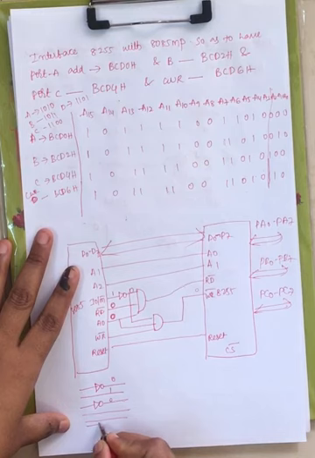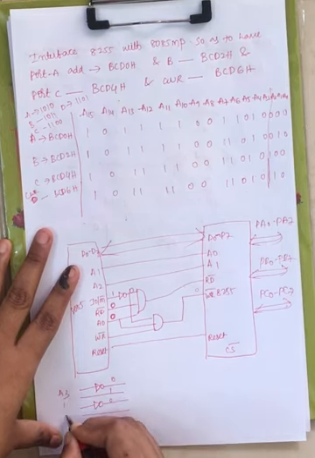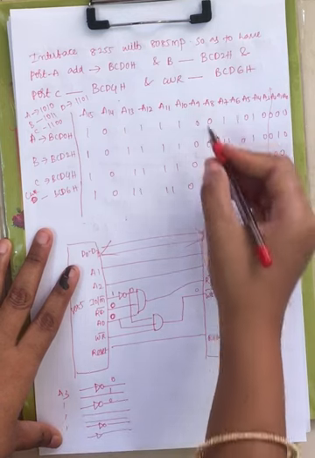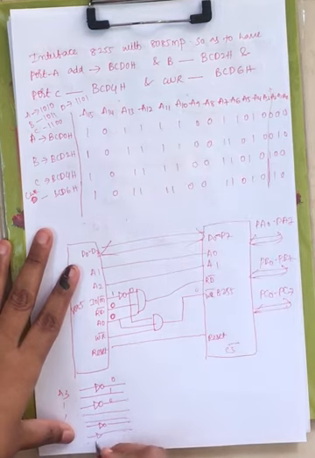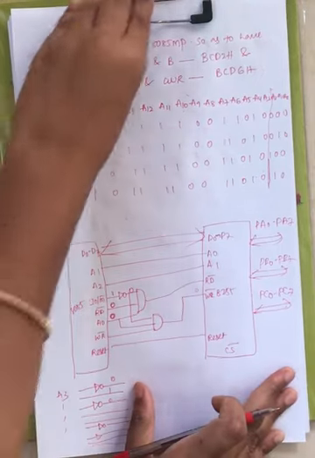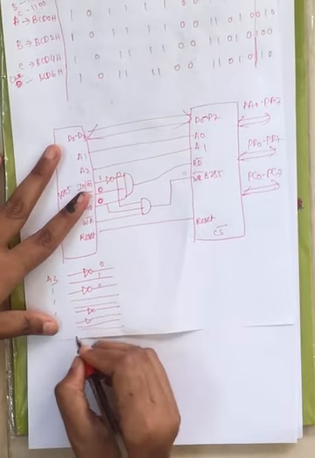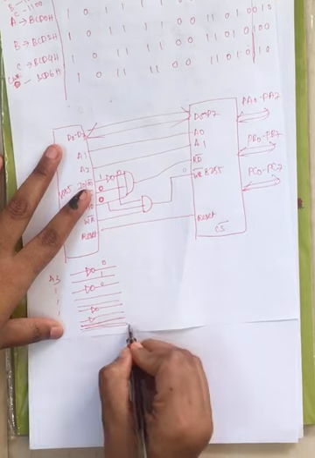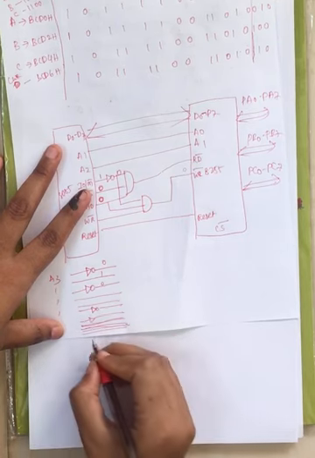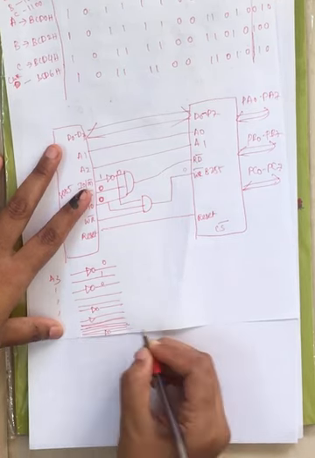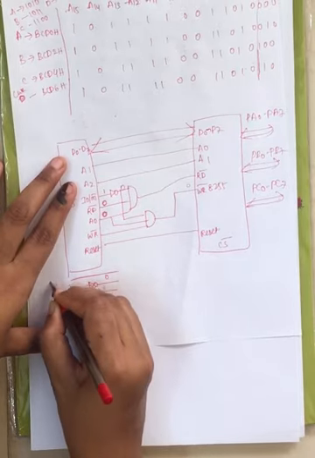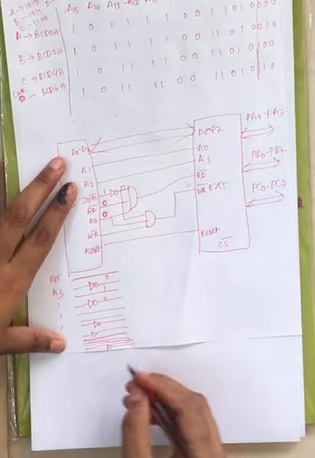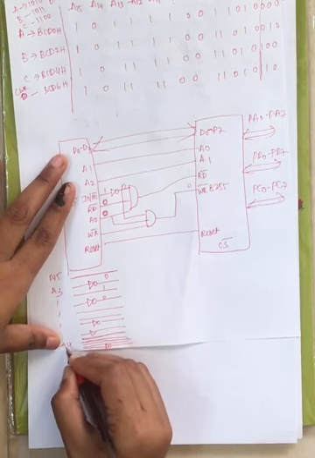Now A8 and A9 are inverted. Now A10, A11, A12 and A13. A14 is inverted, and A15 I am representing here since I don't have place till here.